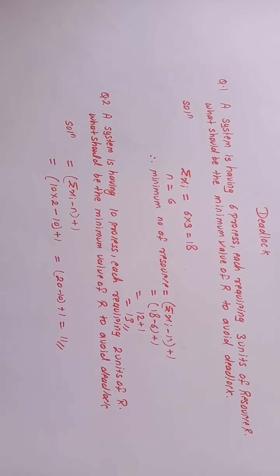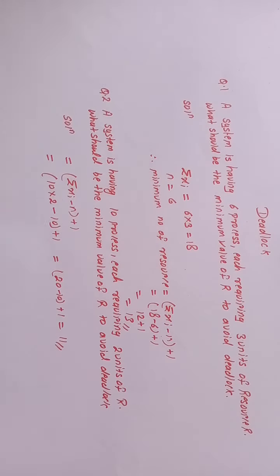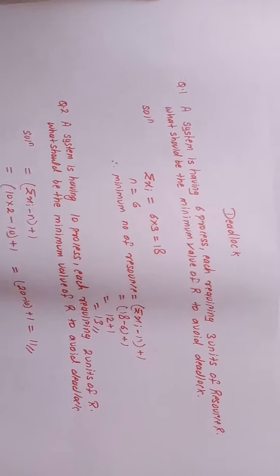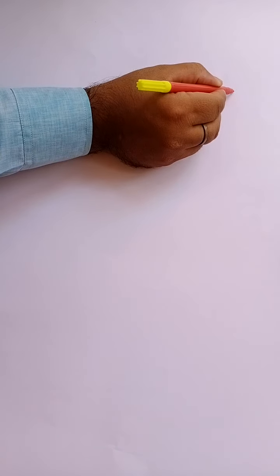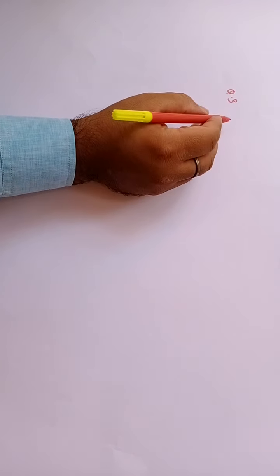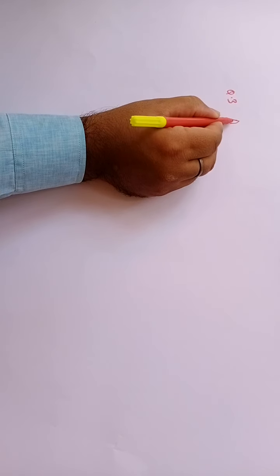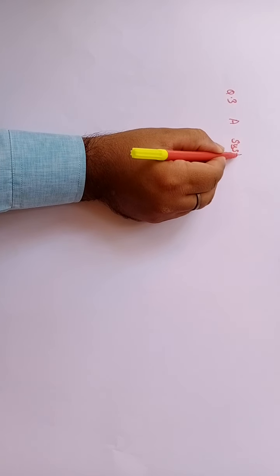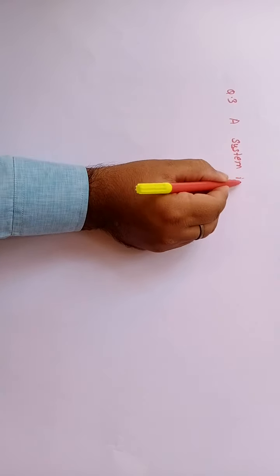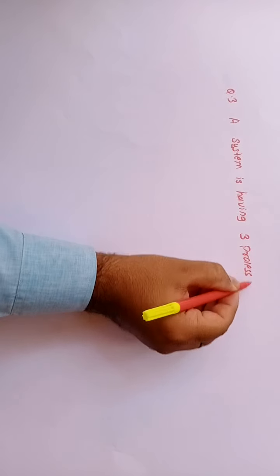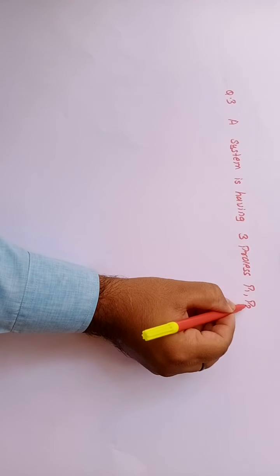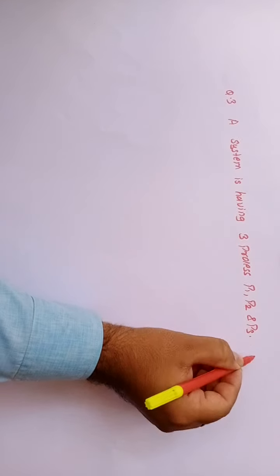Now we are going to see the next type of problem. So question number 3. A system is having 3 processes, P1, P2 and P3.